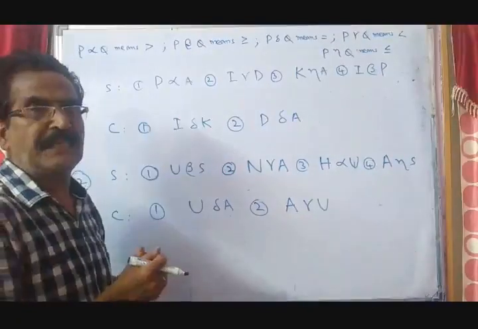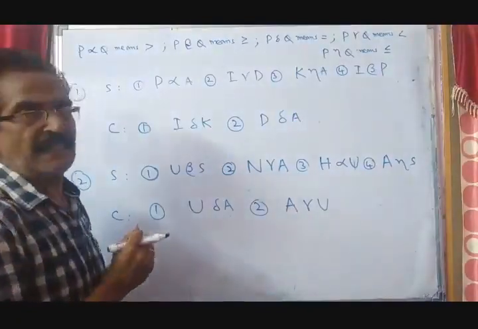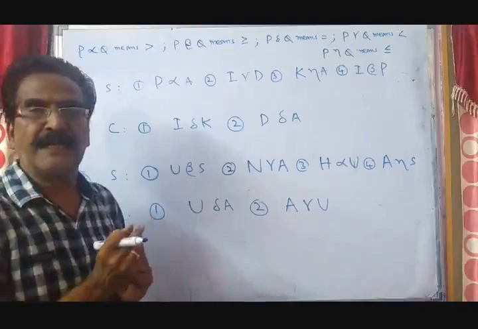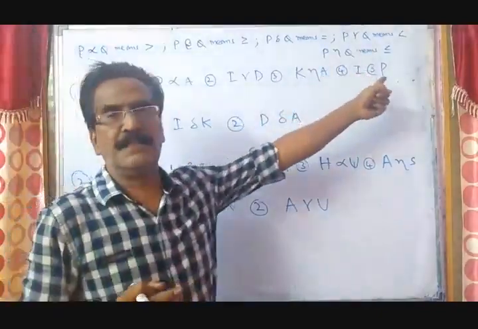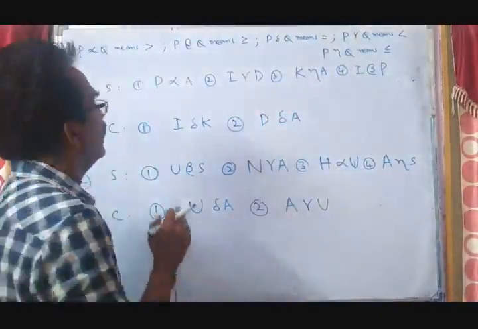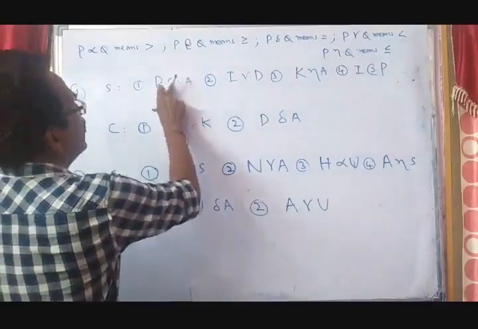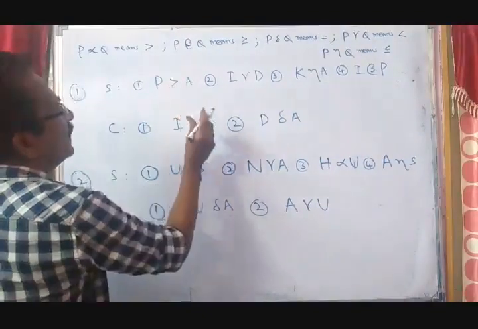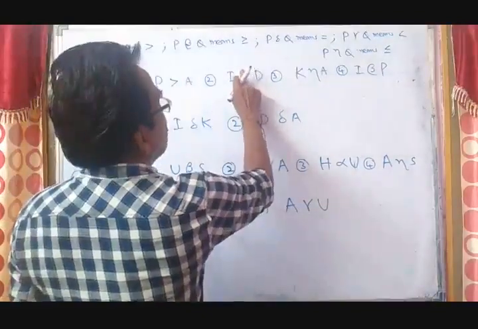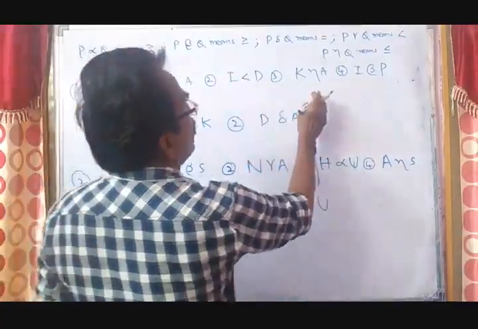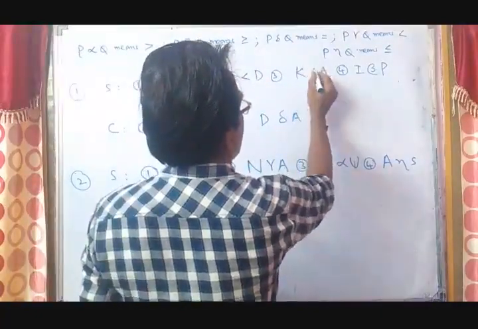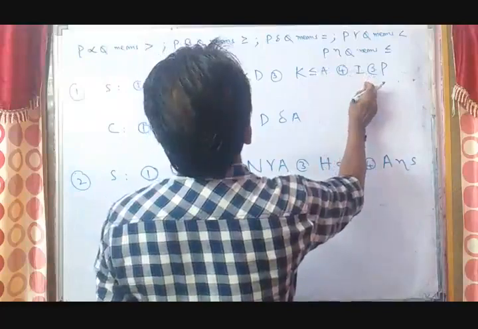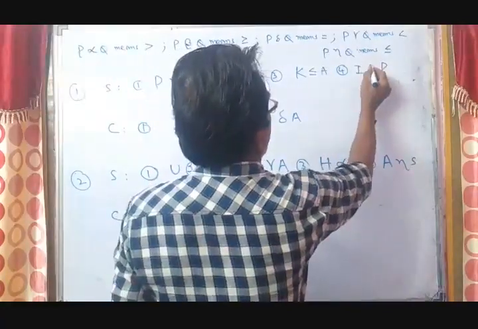So as we did in the previous problem, first let us change the symbols and mix all the statements into a single line. Alpha means greater than, gamma means less than, beta means less than or equal to, beta means greater than or equal to.